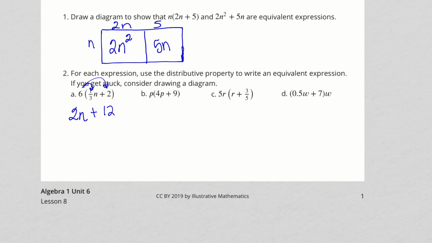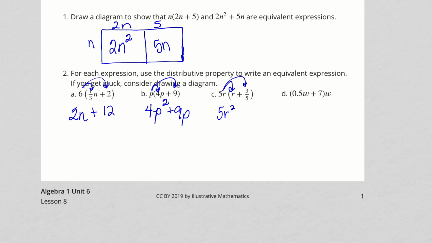Let's do that again. p times 4p. What is that? It's 4p squared. What is 9 times p? 9p. 5r times r. 5r squared. 5r times 3/5.